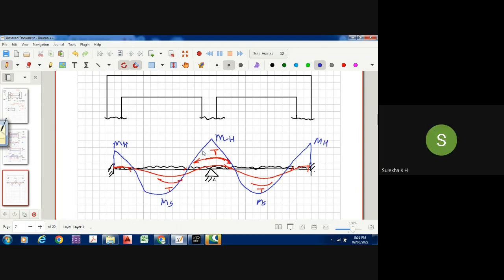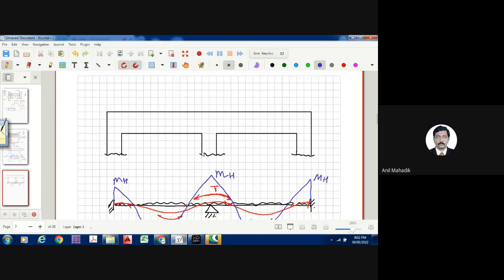Okay, sir. And if you want to detail it out, how will we do this moment? When the problem comes, we will do it. As I want to resist this bending moment, for resistance, how will we resist? I will provide extra reinforcement, this negative reinforcement.